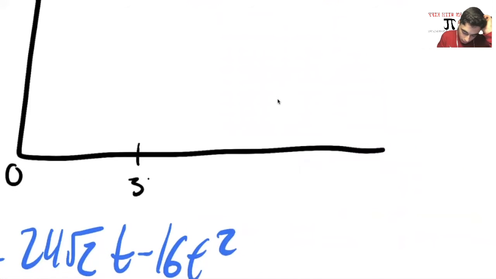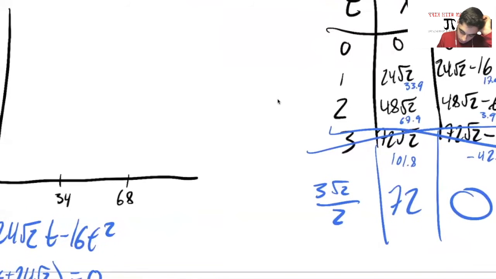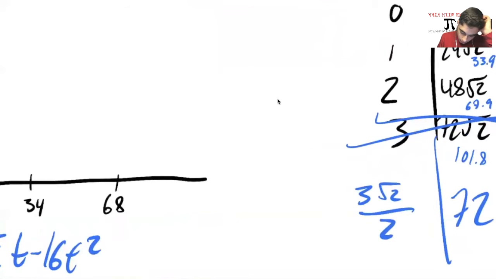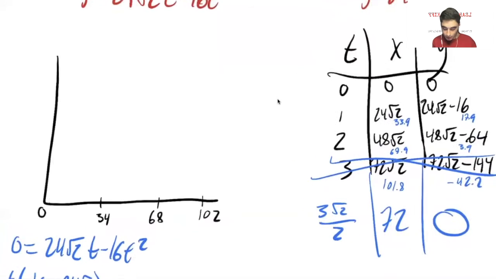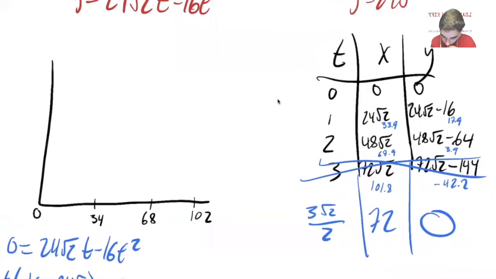So 34, 68, and then I think that's 102. Okay. And then y is going from 0 to 3.9 to 17.9.